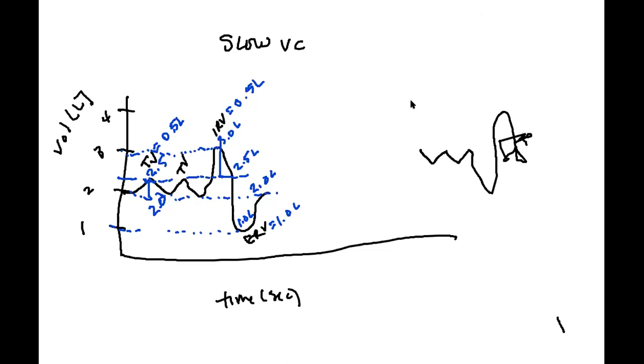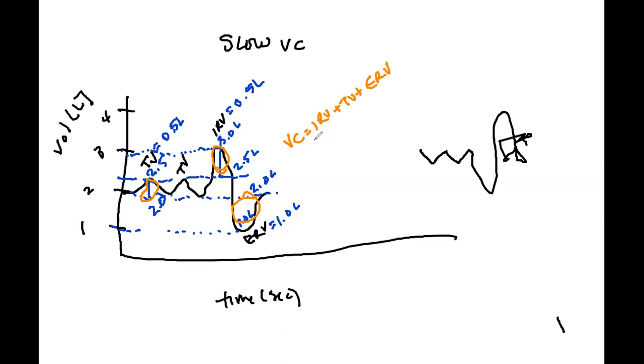Let's do orange. Okay. So your inspiratory reserve, I'll circle it, right? Plus your tidal volume, plus your expiratory reserve is going to be what? Your vital capacity. So vital capacity is inspiratory reserve plus tidal volume plus expiratory reserve volume.